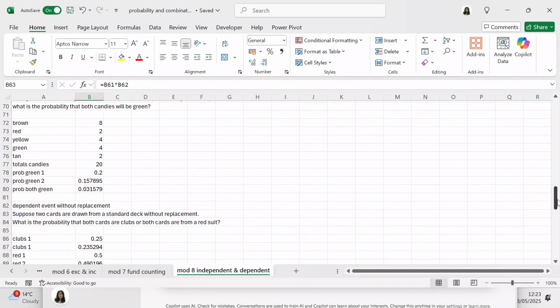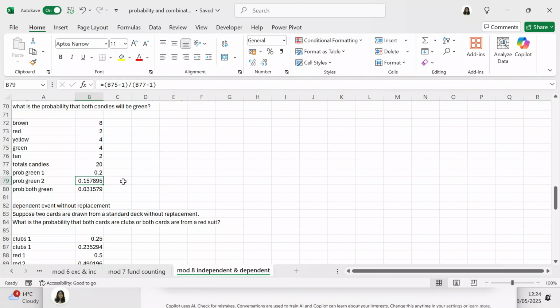So we define the variables. Brown is 8, red is 2, yellow is 4, green is 4, tan is 2. Total candies is 20 because it's a summation of the values of the colors. The probability of pulling a green is green divided by total candies, so that's going to be 20%. Probability green 2 is going to be green minus 1, so that's 3, divided by 20 minus 1, which is 19.